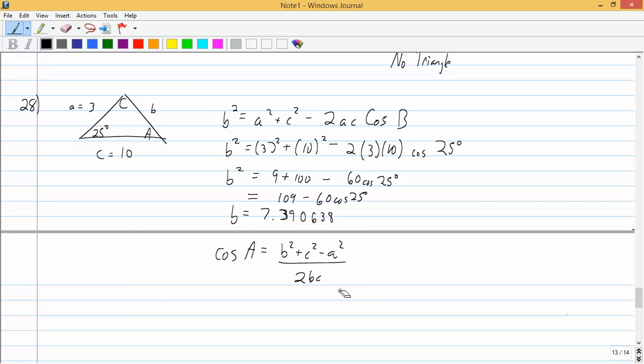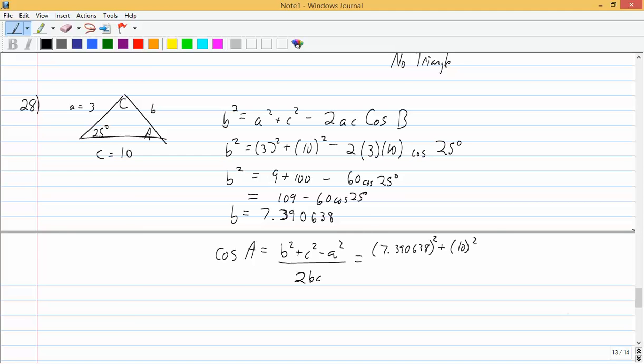So that's what we want to use whenever we solve for the cosine of angle A. So just plug in your numbers. Remember, for B, I'm plugging in 7.390638.